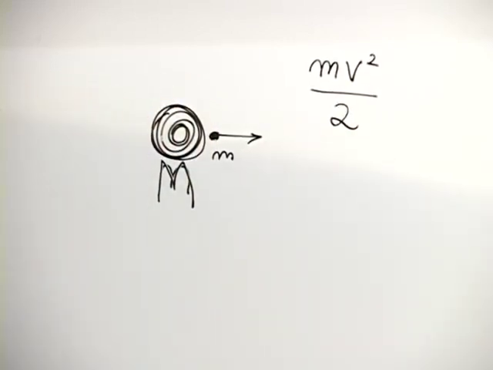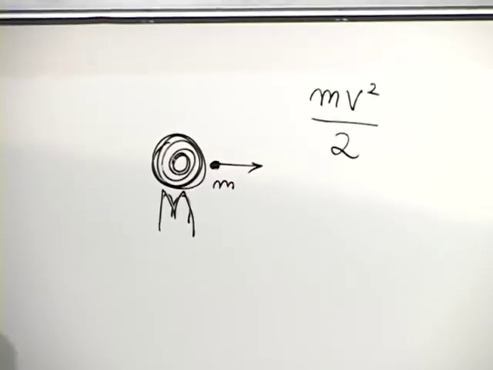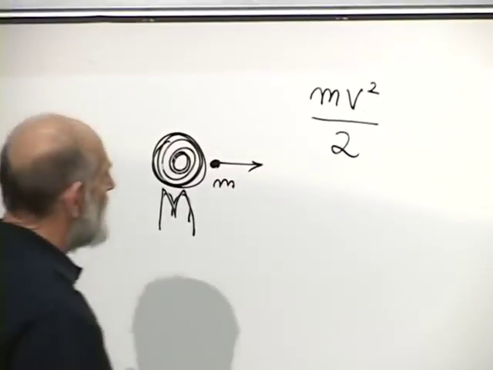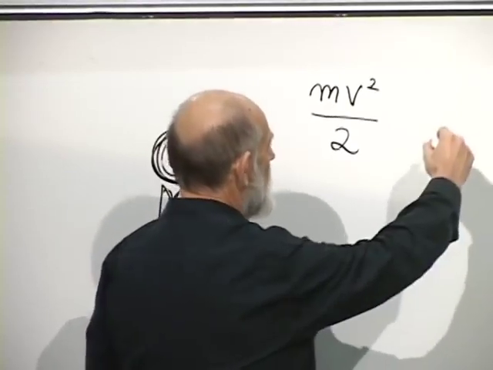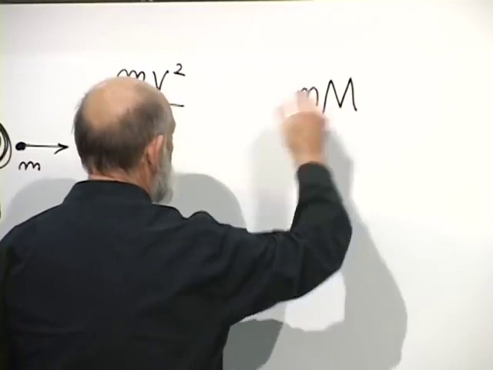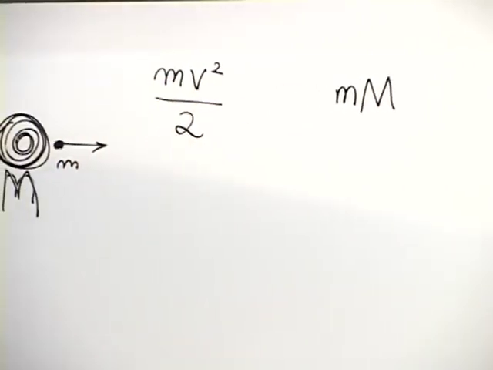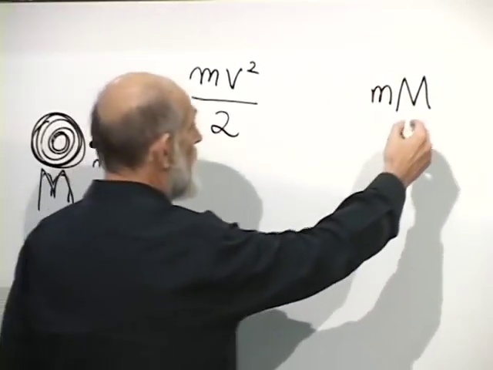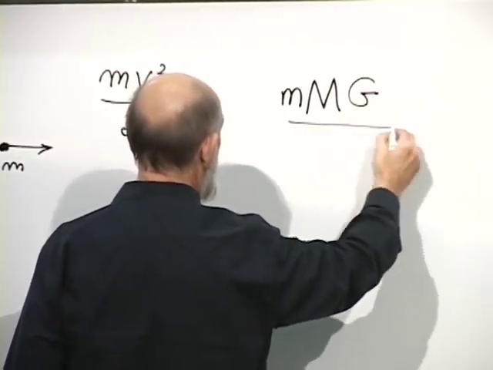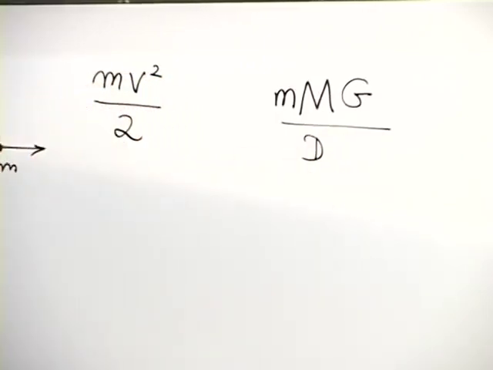What about its potential energy in the gravitational field of the heavy object here? Anybody remember? Well, it's got the product of the masses, Newton's constant, divided by the distance. I'm going to call the distance between them just d. And am I missing anything?